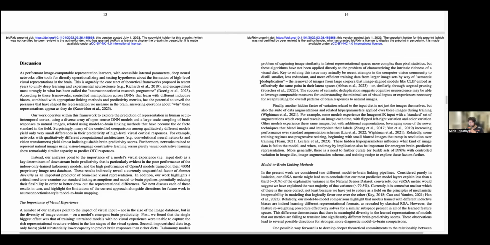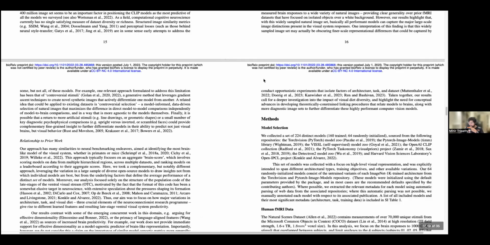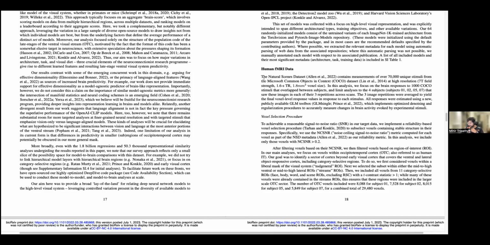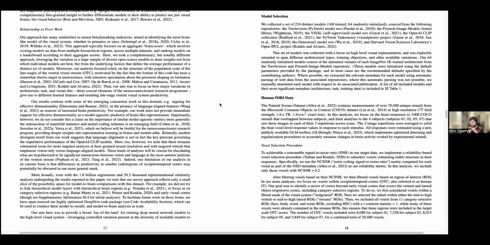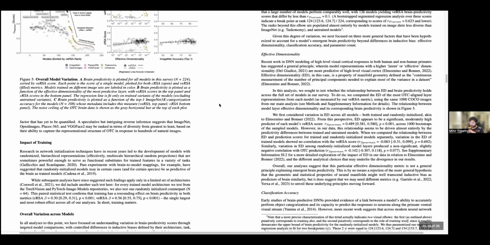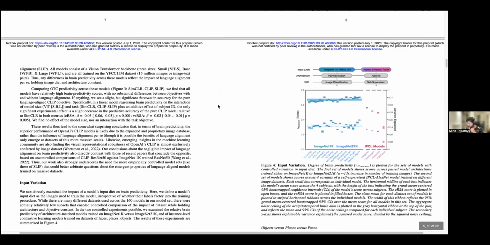And maybe that's why OpenAI hasn't released the data set on which they trained CLIP, because it's just so good. Because of their training on that data set, it's better than all the Meta models that were just trained on these other data sets.